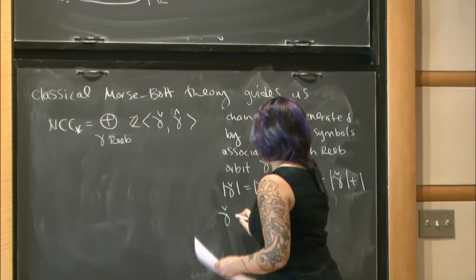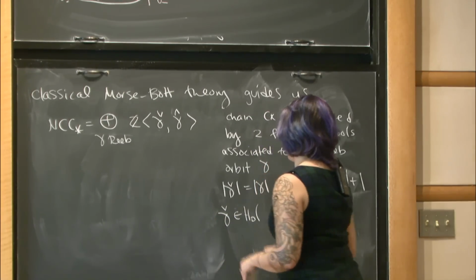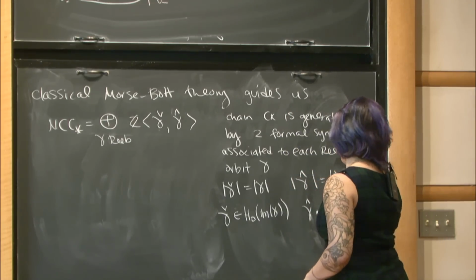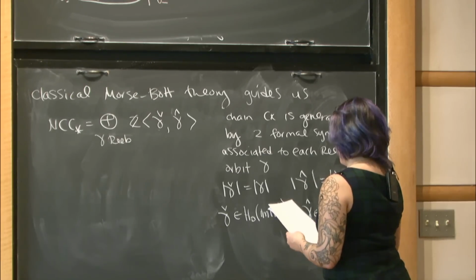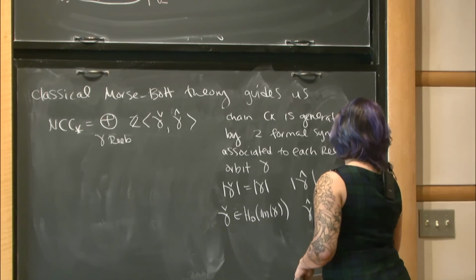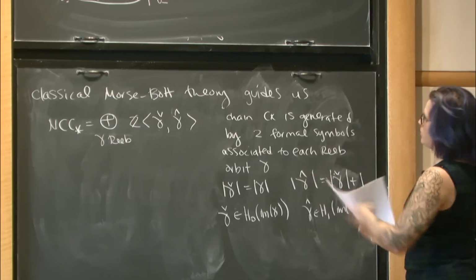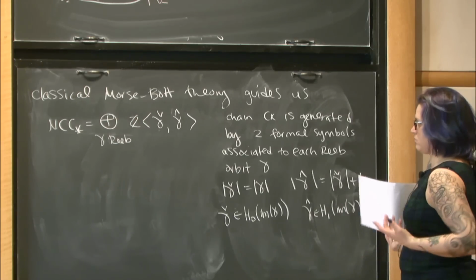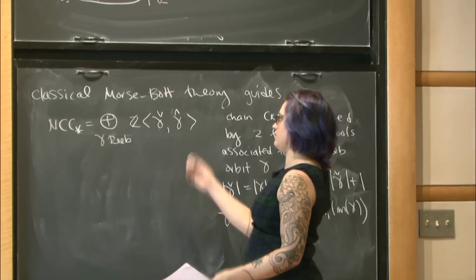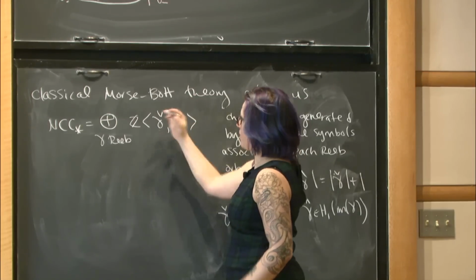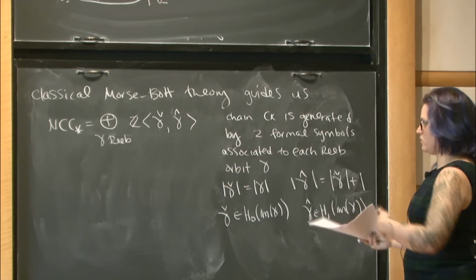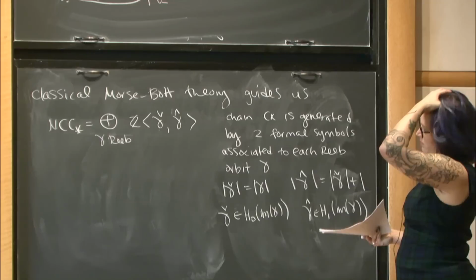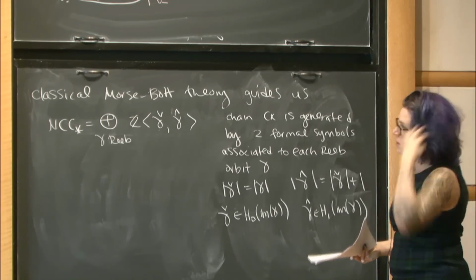You can think of gamma check as being an element of the 0th homology group of the image of gamma, and gamma hat as being an element of the 1st homology group of the image of gamma. And then you're including both the good and the bad Reeb orbits, which is nice because that will allow us to capture torsion coming from bad Reeb orbits. It's also a little bit more holistic seeming because we've now incorporated both the good and the bad Reeb orbits.